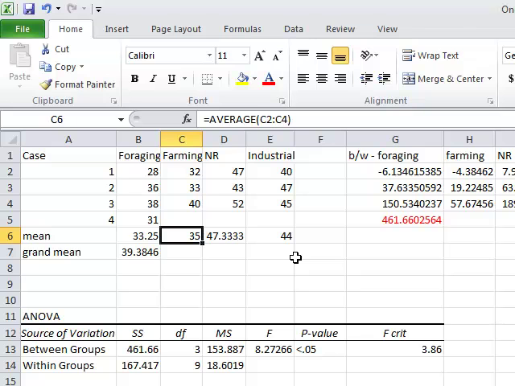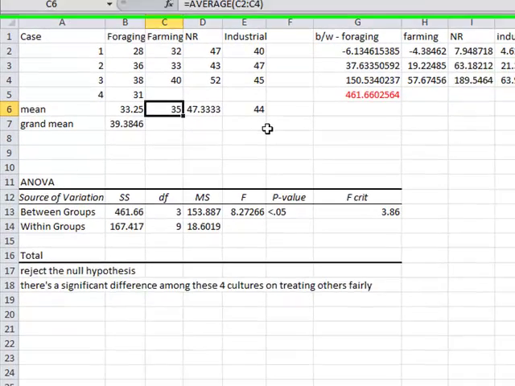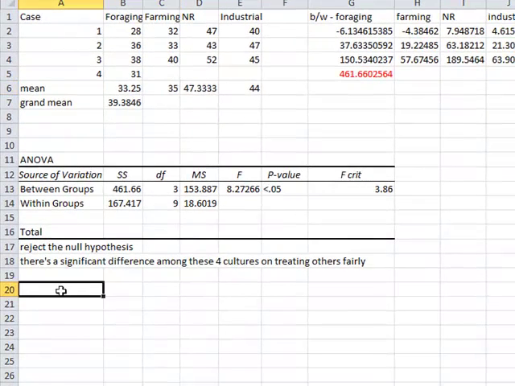Now, the answer depends on whether we have a theory to support our prediction. If we have theory, for example, theory suggests that foraging probably is treating people more fairly than other societies, or vice versa, or whatever, right? In other words, if we have a theory to support our prediction, then we use something called planned contrast.